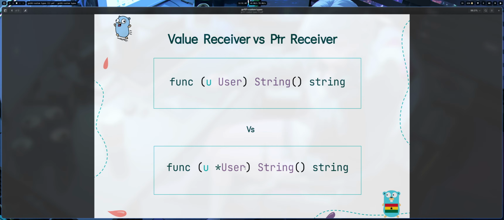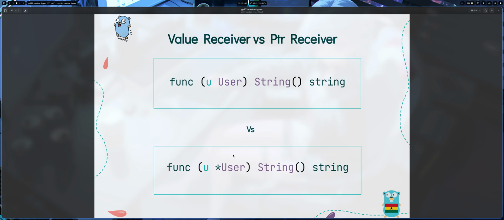So if you create a type based on a struct, it is going to affect the struct. Based on the slice, it is going to affect it. And some other data types. Okay, so when do you use which? You use value receivers when you're not making any modifications to the object, or you're just reading from the object, or you don't care about the copying overhead.